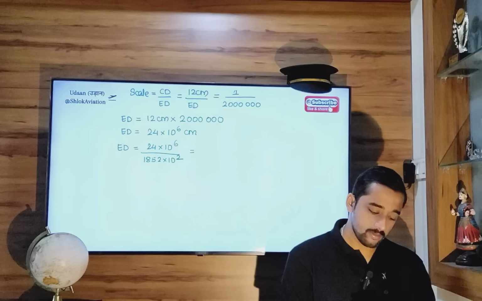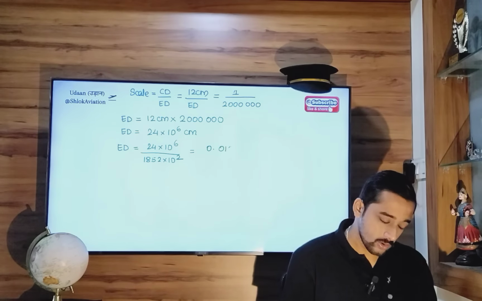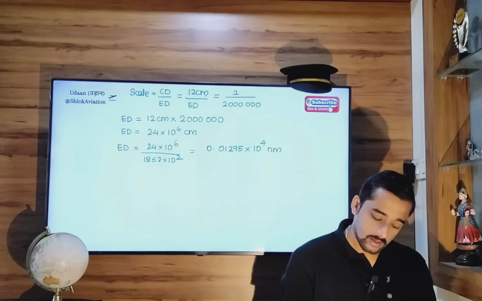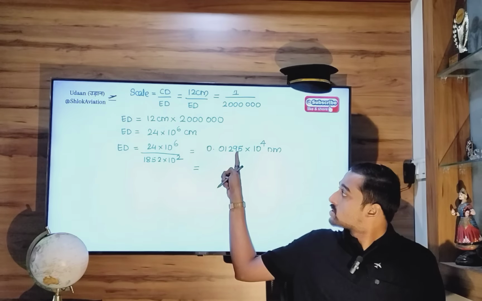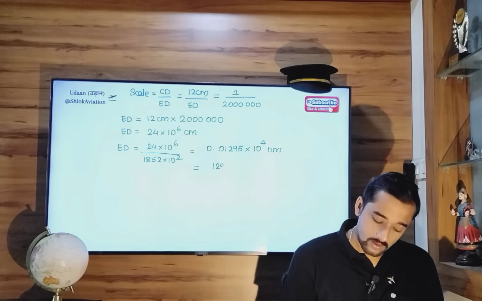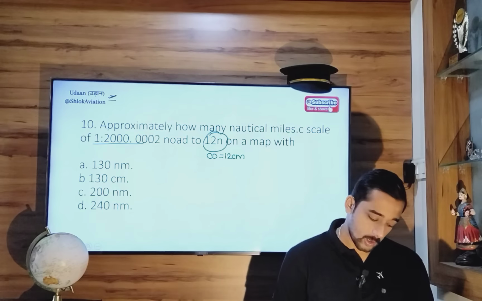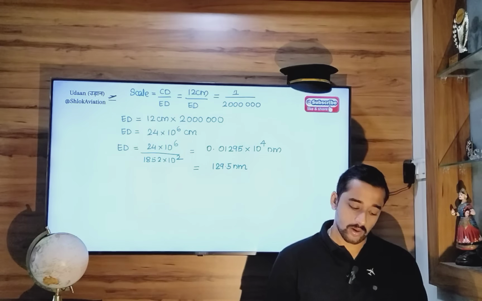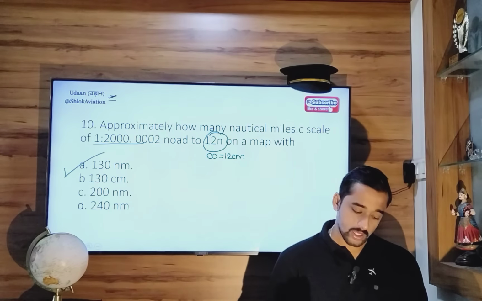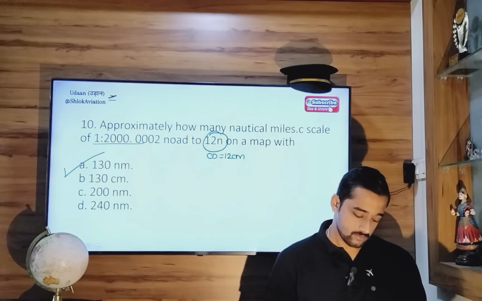So 24 divided by 1852 is 0.01295 into 10 raised to 4 nautical miles, so 129.5 nautical miles. So approximately option A, 130 nautical miles. The answer in centimeter is 24 into 10 raised to 6, not 130. Okay, so the correct option will be option A, 130 nautical miles.